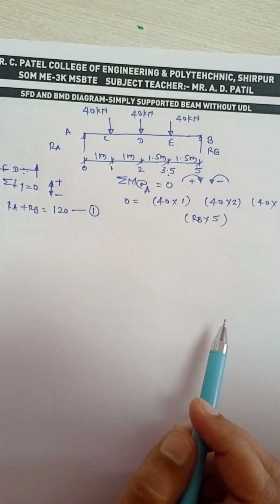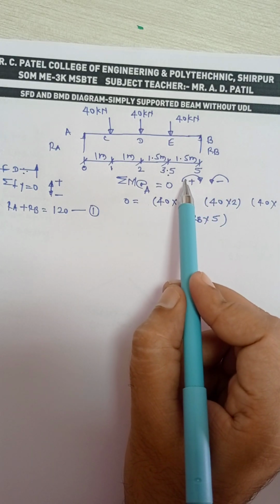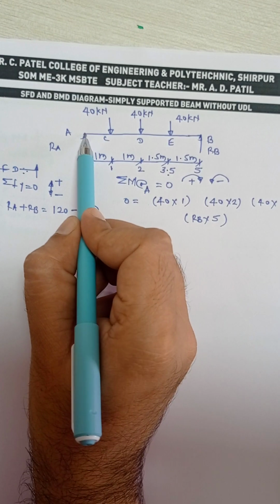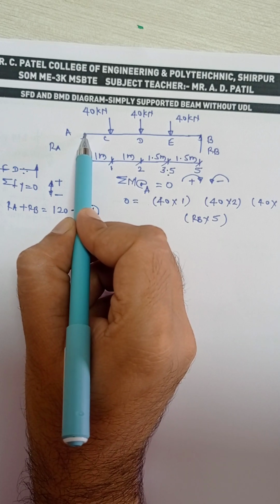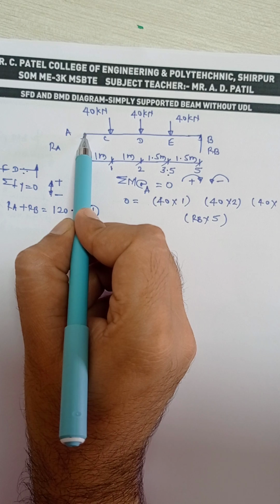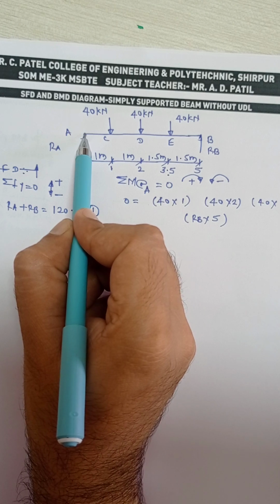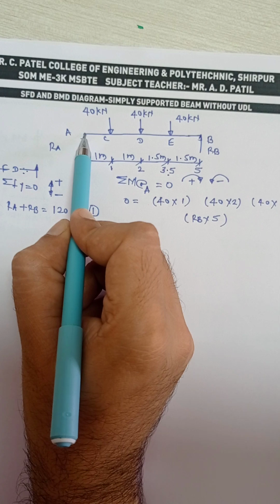Now we have to apply the sign convention. If the force is rotating in clockwise direction, it will be positive, and if it is in anti-clockwise direction, it will be negative.